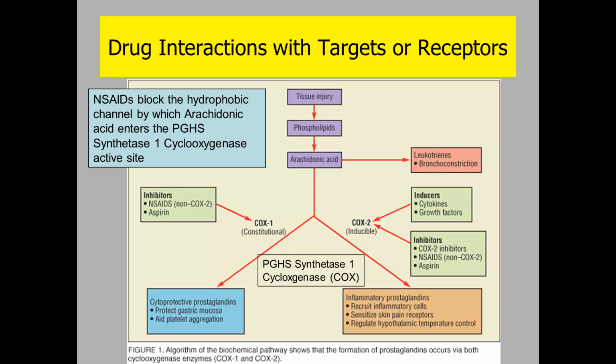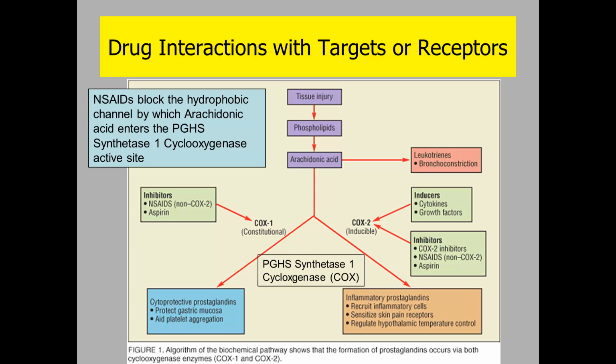And there are other specific NSAIDs that are non-COX-2 inhibitors, and then there are specific COX-2 inhibitors that are not affecting the COX-1 pathways. The inhibitors that are specific to COX-2 are going to have a different, more favorable side effect profile because they're not going to affect your ulcers and they're not going to affect the platelets.